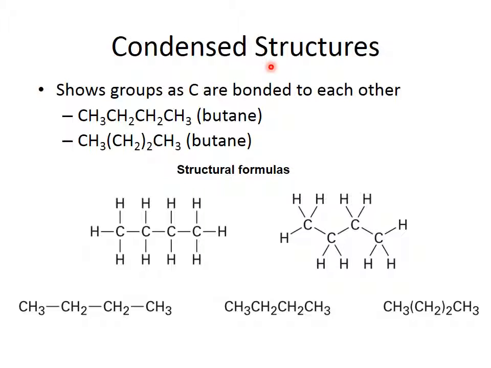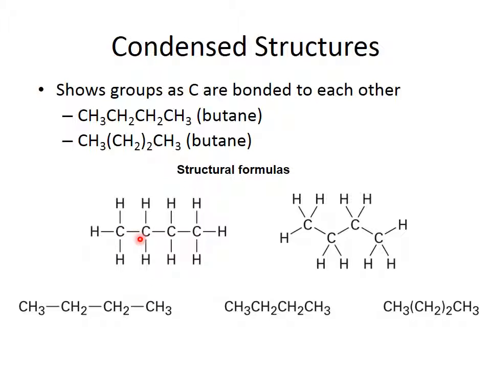Condensed structures. What are condensed structures? This is a way of writing a structure so that we don't have to show all the bonds. We can write a structural formula like this, or even like this, but that takes a long time, and butane right here is a very small molecule. So what must we do? What we do is we write it in groups.